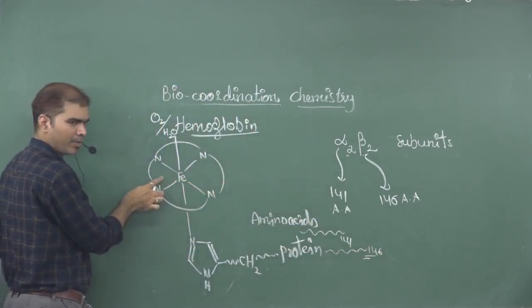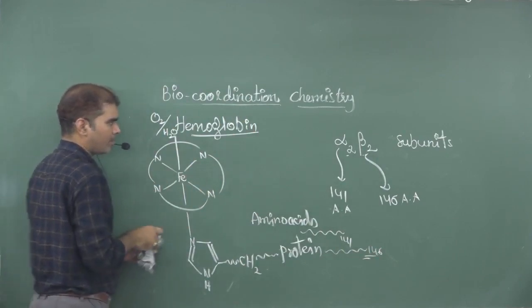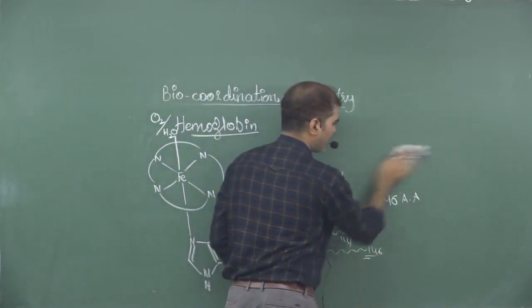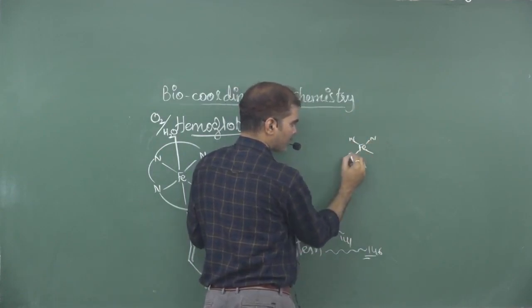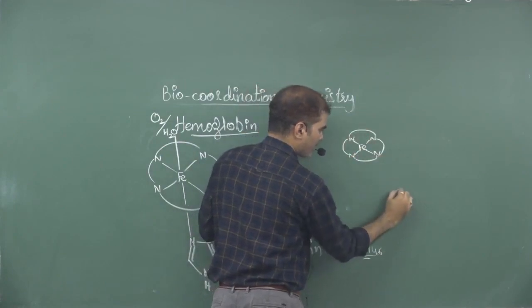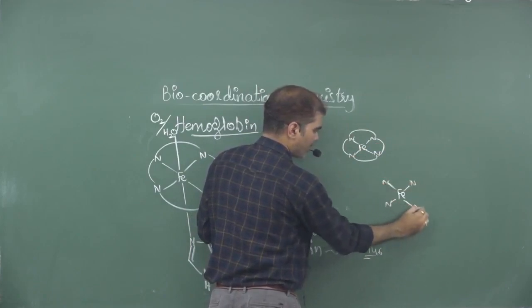So altogether alpha 2, beta 2. If this is 1 unit, I am just drawing it simply, try to understand. If this is iron and a porphyrin, this is 1. This is iron and porphyrin, a second subunit.